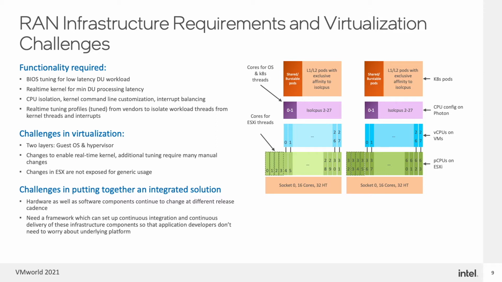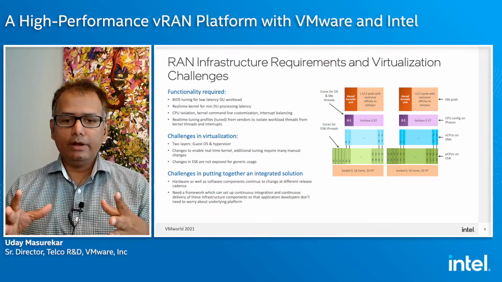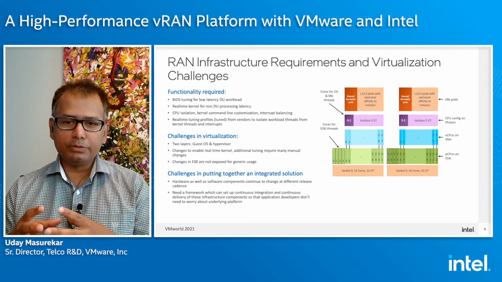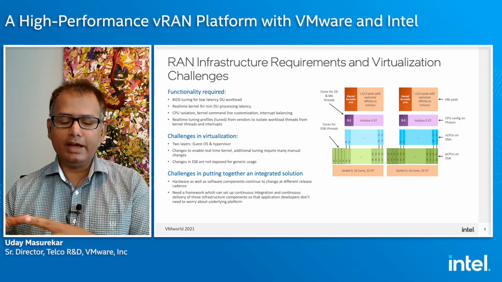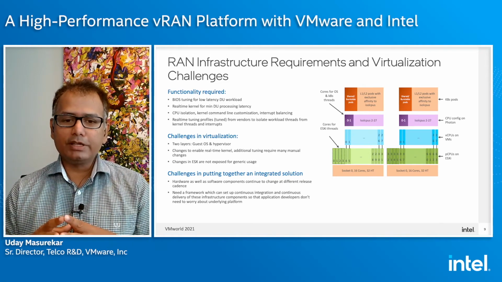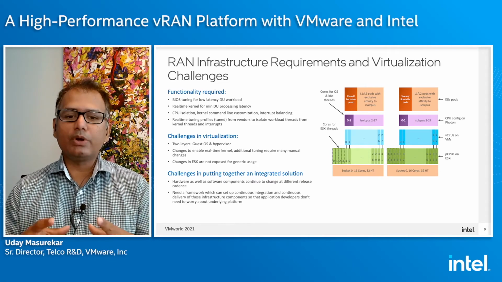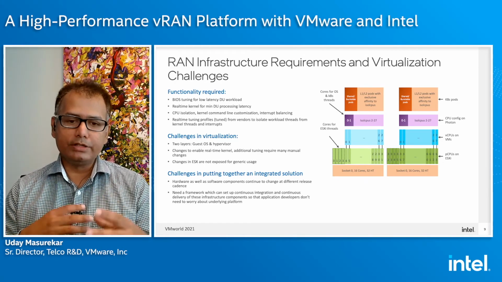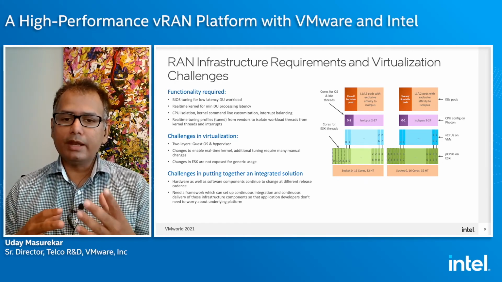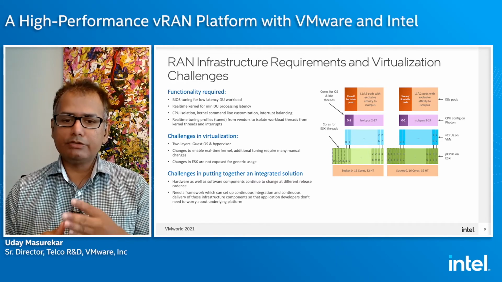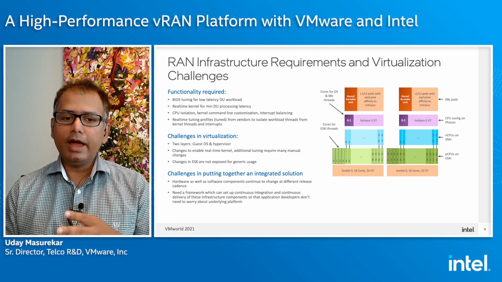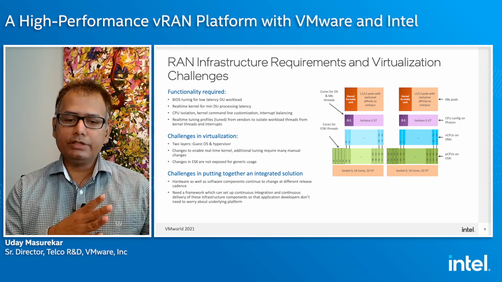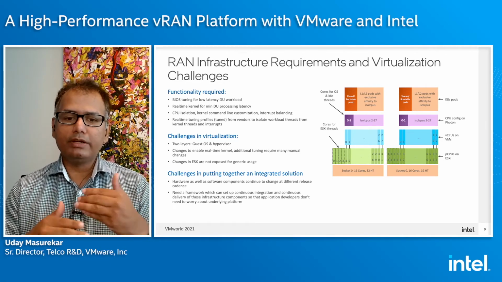In a sense, they're all different moving parts. You don't expect the service providers, system integrators, and lastly the RAN application developers, to spend time aggregating this. So there needs to be a solution which provides continuous integration to validate whether functionality as well as performance is met, while allowing these individual components to evolve at their own pace.